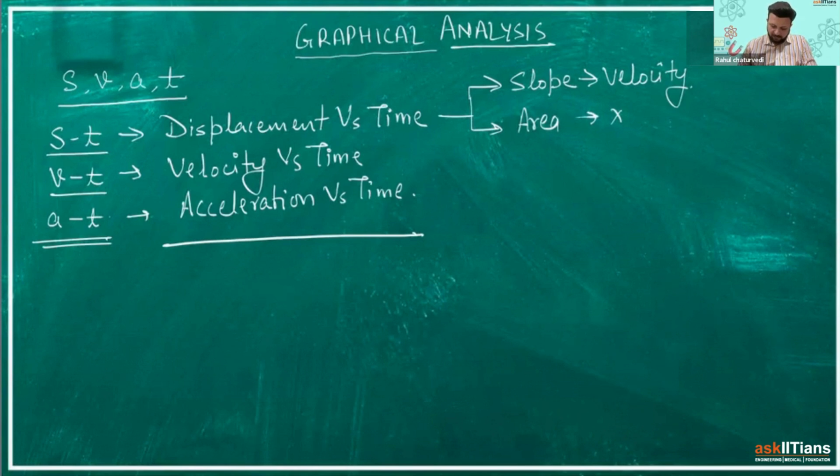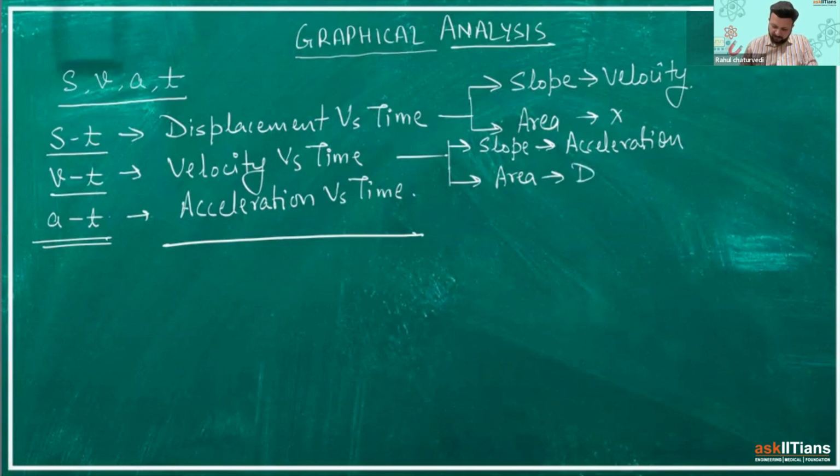In case of velocity versus time graph, again, you will have slope as well as area. Regarding slope, in the velocity versus time graph, slope gives you acceleration. And area under VT graph gives you displacement.